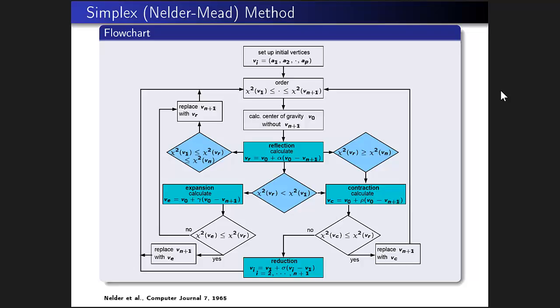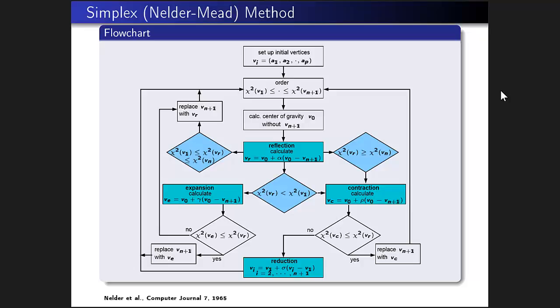And if it's greater than your second largest chi-squared value, then you contract. Contract is a way of shrinking the triangle. So basically, these reflection, contraction, expansion, and reduction are ways of manipulating the triangle either through flipping or contracting.